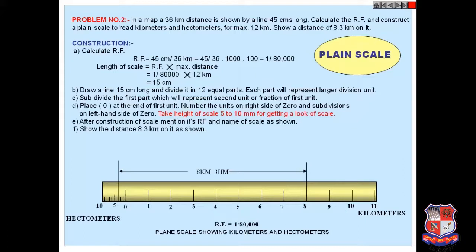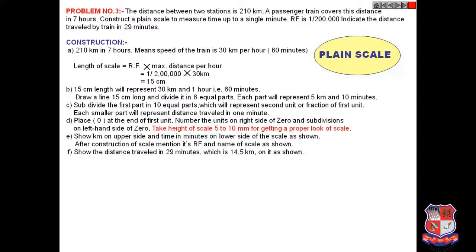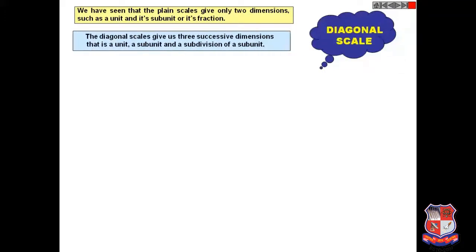Now we have to study another scale, that is diagonal scale. So how to draw a diagonal scale? Diagonal scale is different than the plane scale. We have seen that plane scale gives only two dimensions, such as unit and its subunit or its fraction.